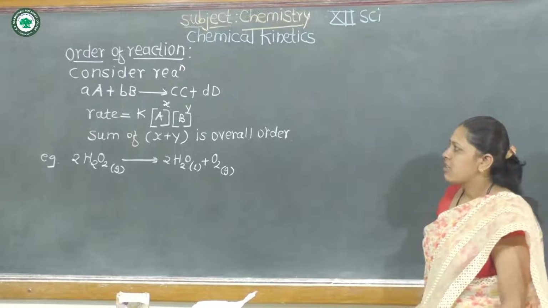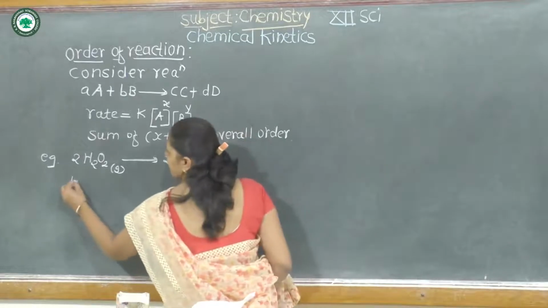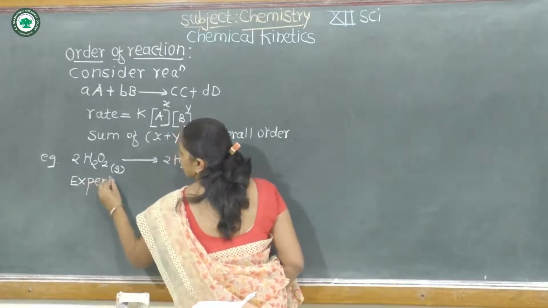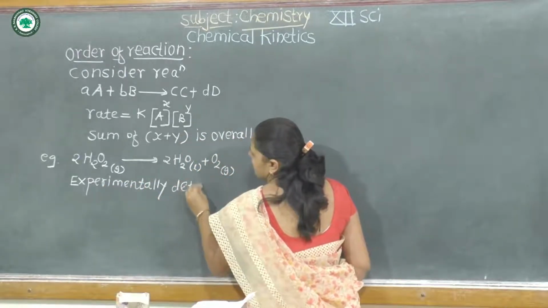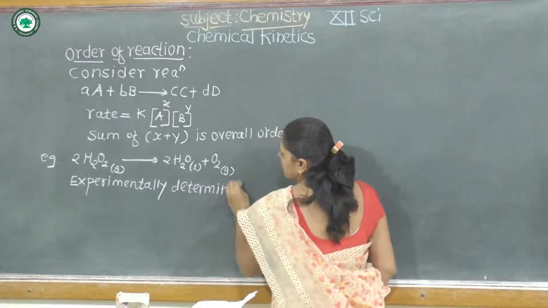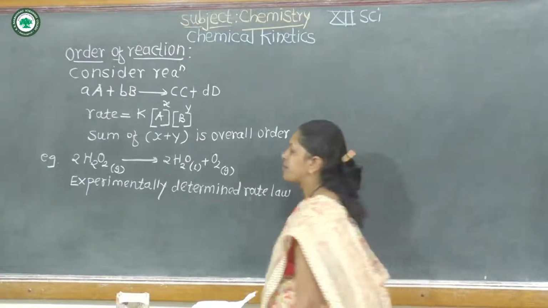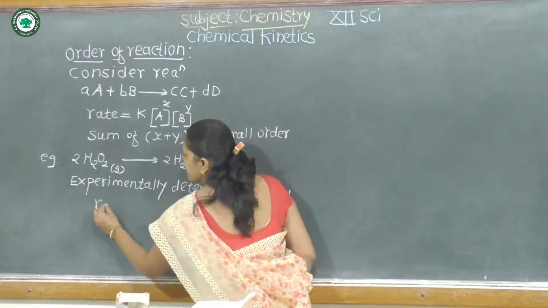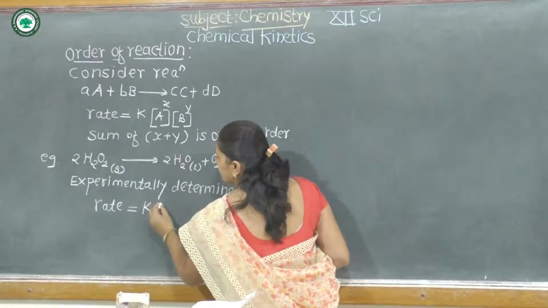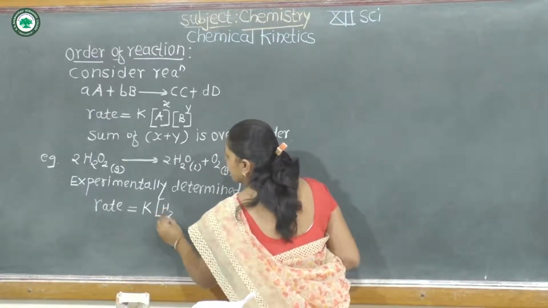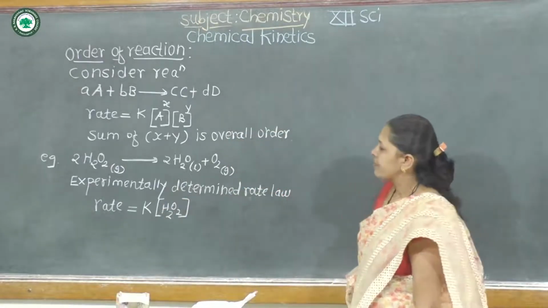For this reaction, the experimentally determined rate law is found to be rate is equal to rate constant multiplied by concentration of hydrogen peroxide.